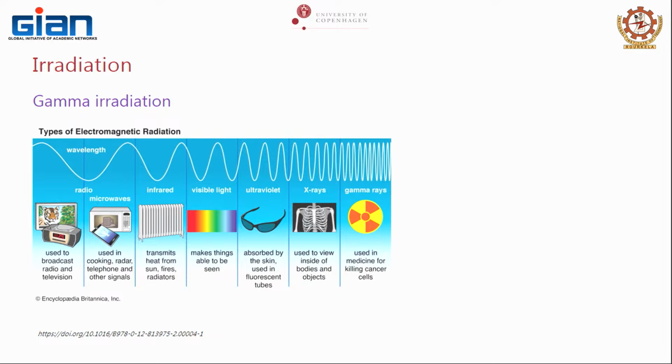Light is a form of energy, right? Yes, good. Now, if you look into this figure from left to right, the energy is increasing or decreasing? Which one is more energetic radiation? Is microwave radiation energetic or gamma radiation? Gamma radiation, right? Gamma radiation is highly energetic radiation.